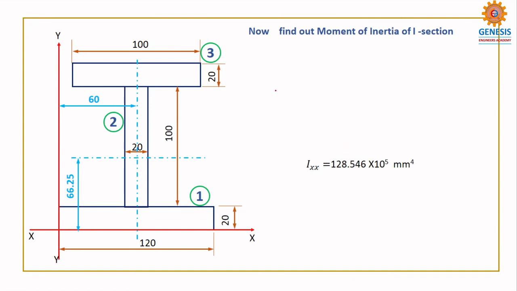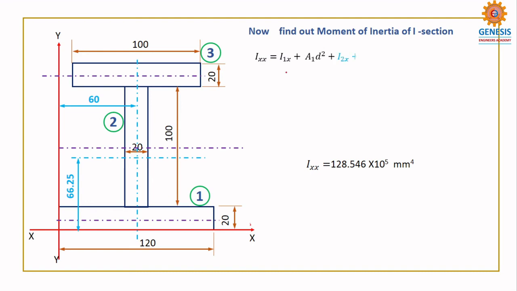Next, this is the moment of inertia about the x-axis. IXX, same thing. This is section 1, this is section 2, and this is section 3.